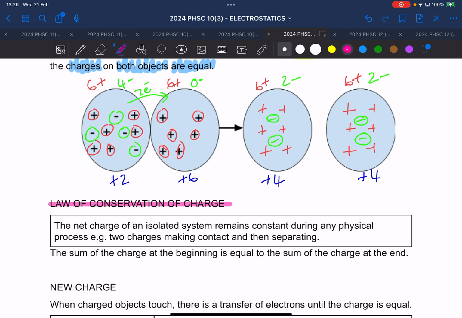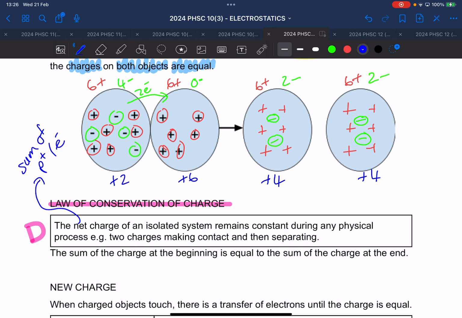Okay, so it says there the net charge. Here you see the word net. What does the word net mean? It means the sum of the protons and electrons. When you add all of the negative and positive things together, what do you get? The net charge of an isolated system.